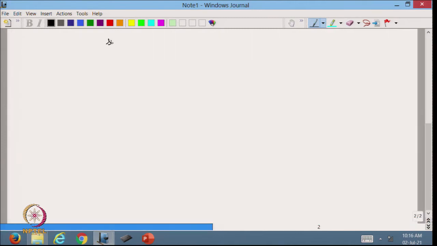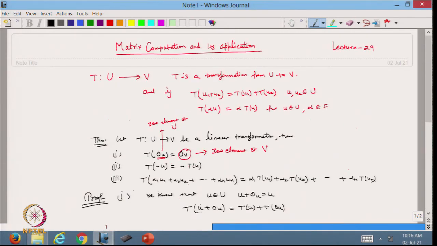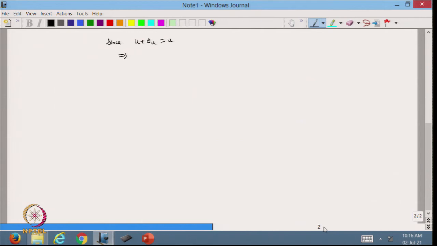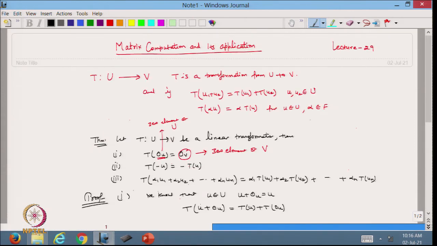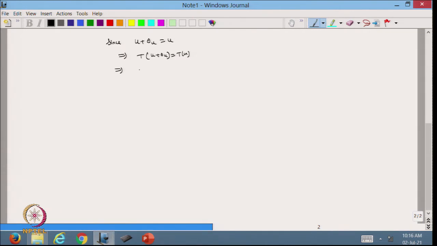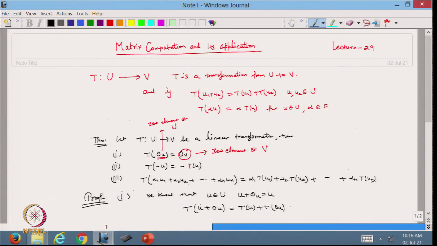Now, since U plus 0 U is equal to U, the left hand side becomes T of U. So, T of U is equal to T of U plus T of 0 U. Let me call this equation number 1.